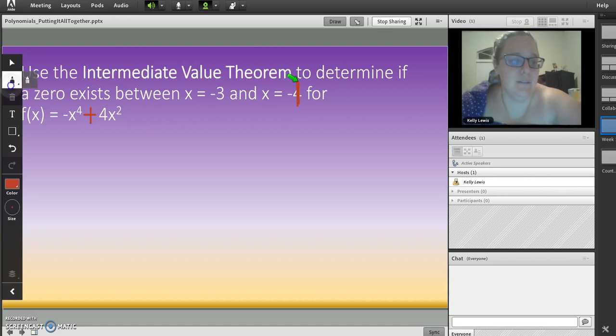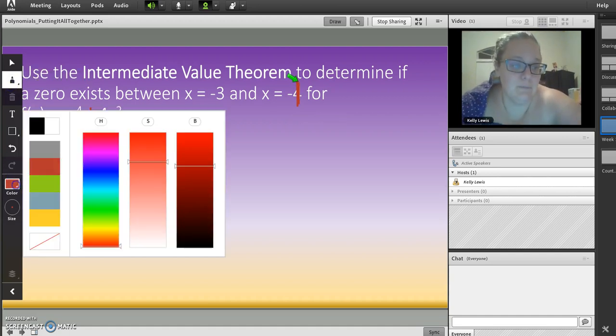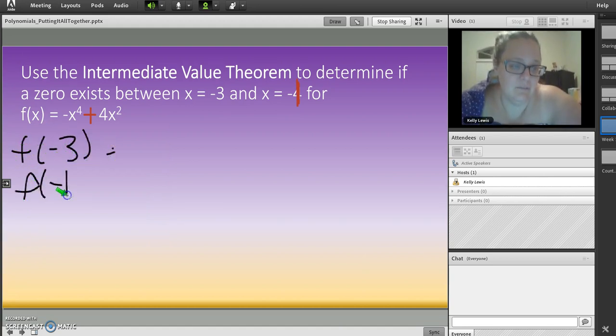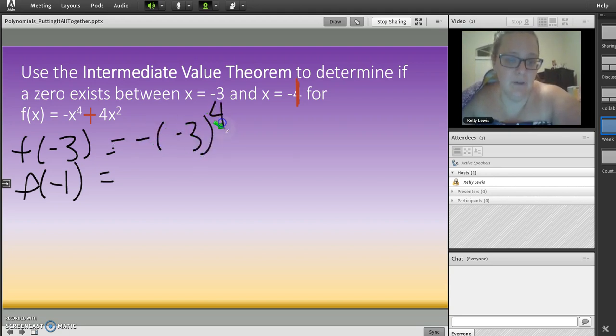All right, so we're going to do this problem the same way. So we're going to do f of negative 3, f of negative 1, and see if we can come up with any evidence that there's a 0 between the two. So negative 3 to the 4th plus 4, negative 3 squared.